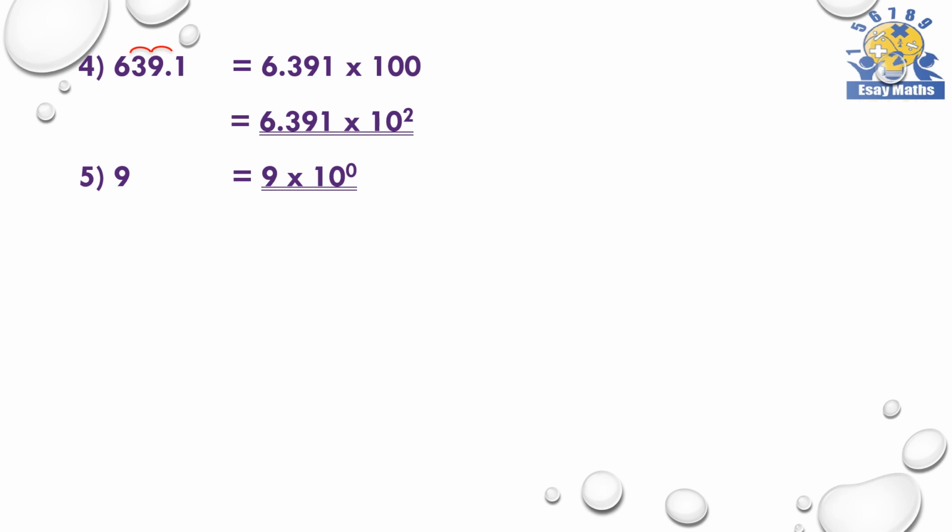Then you should write 9 into 10 to the power 0. In here, no need of moving or shifting the decimal point. Therefore, it's 9 into 10 to the power 0.